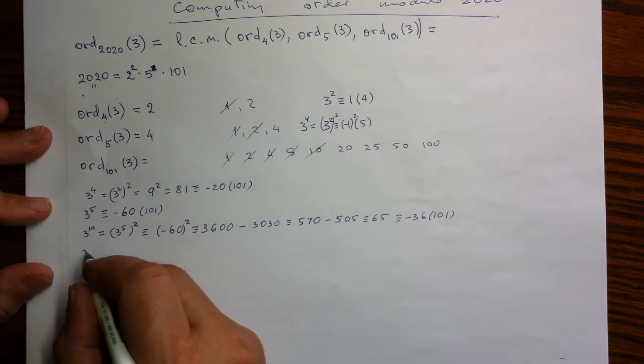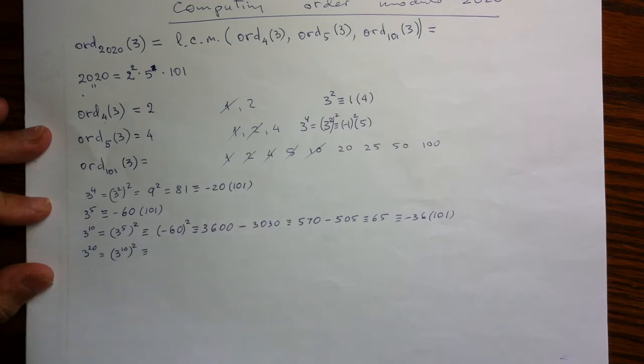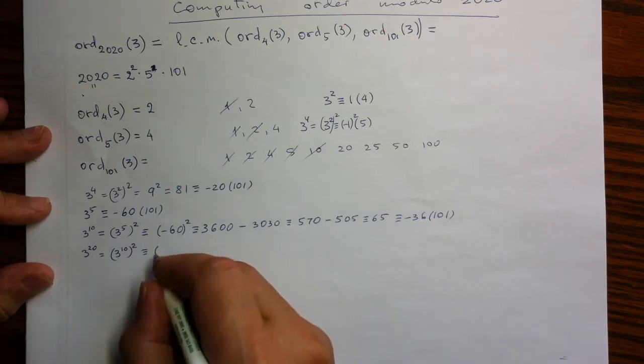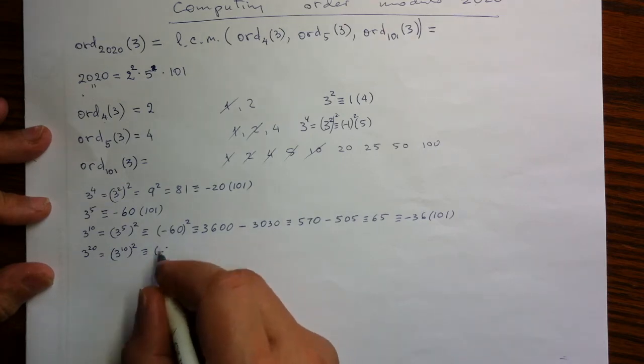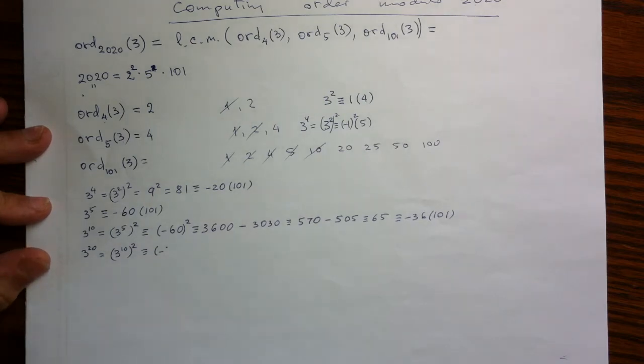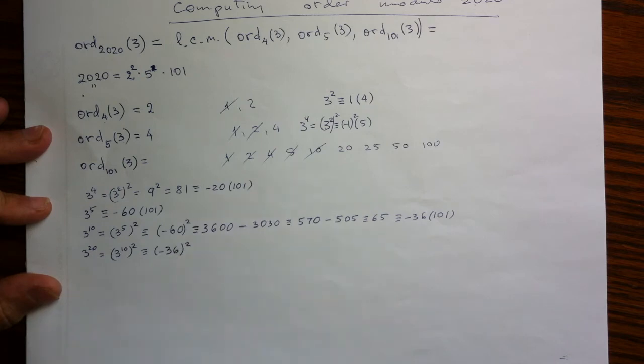Let's compute the 20th power, which will be the square of the 10th power, and will be congruent to the square of, say, negative 36. Some cheating maybe is in order. I don't want to compute the square of 36.